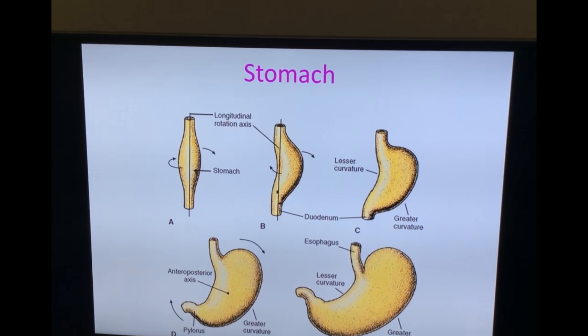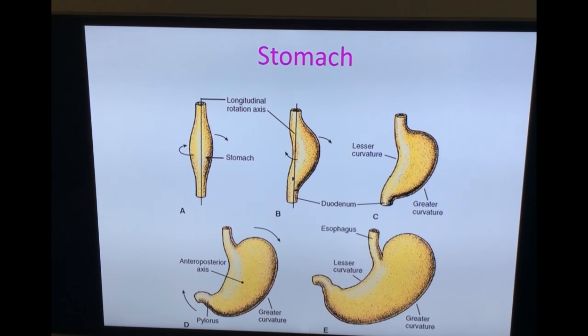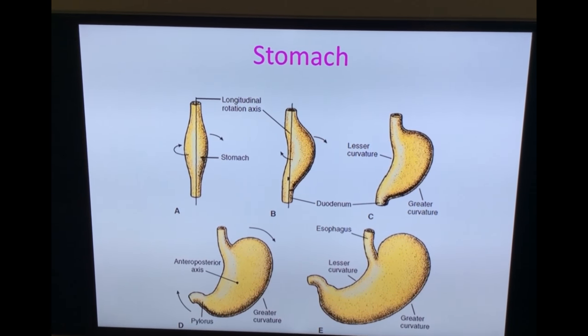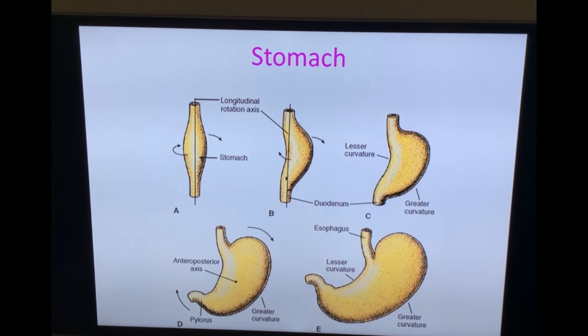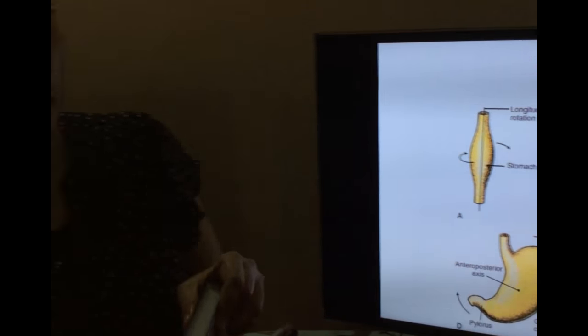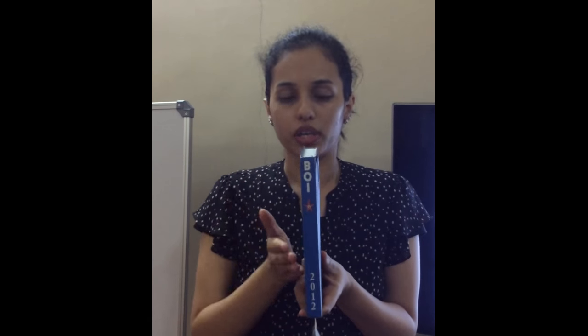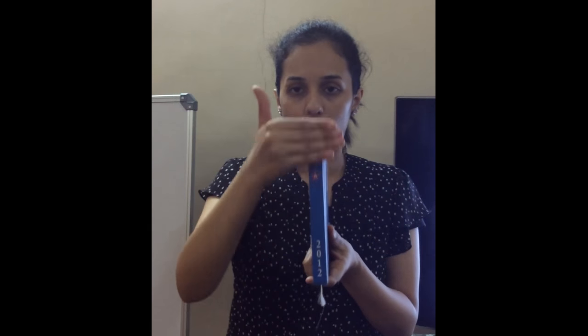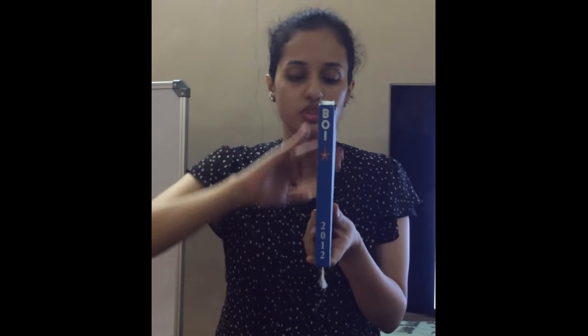This is due to the rotation occurring within the stomach, and also due to the difference in the rate of growth. For this I would like to use a book so that you will understand the rotation of the stomach easily. Imagine this is a tube, the abdominal part of the tube. There is a fusiform dilatation on either side. This is the anterior border, posterior border, or anterior wall, posterior wall.